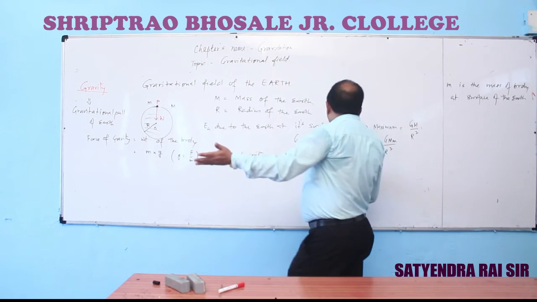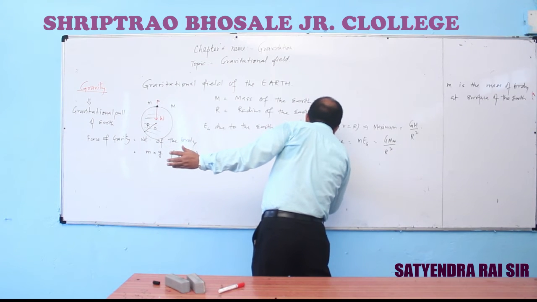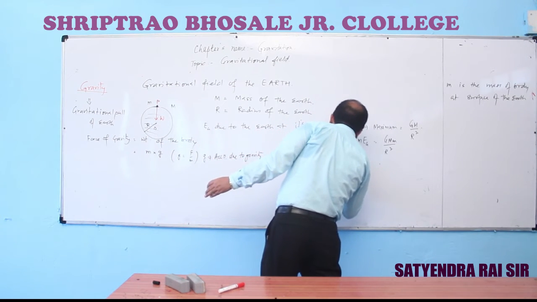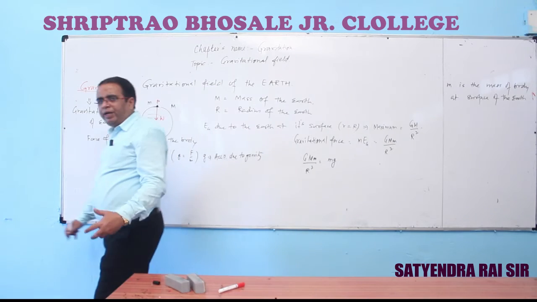So what can we write down? G M m upon R square equals small m into g, the weight of the body.